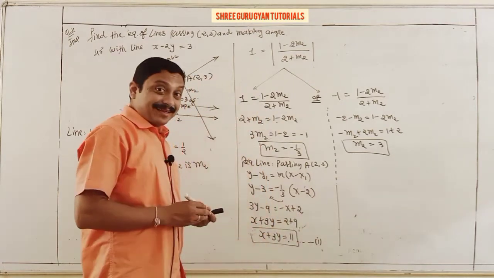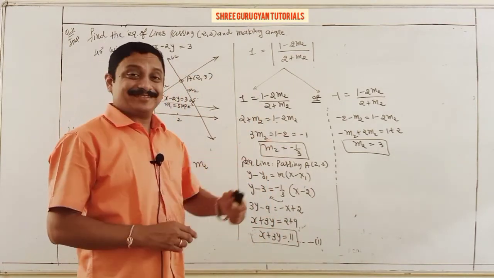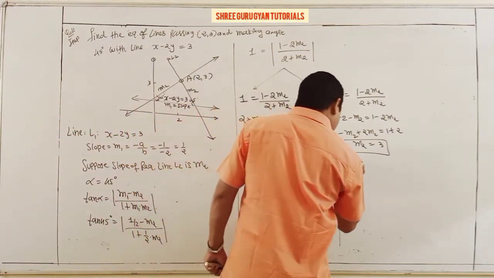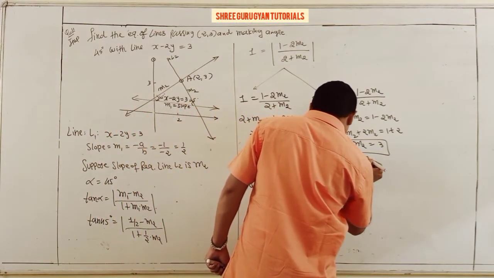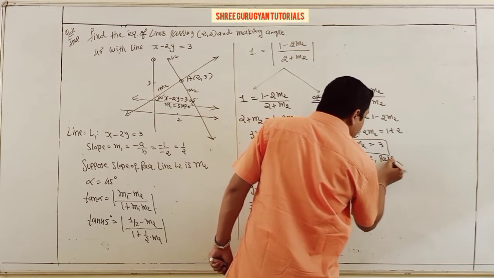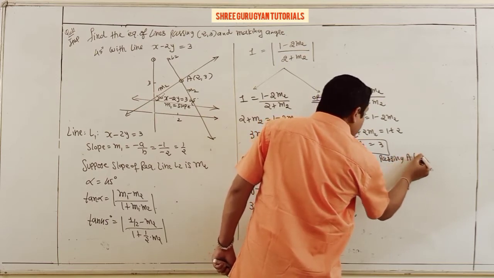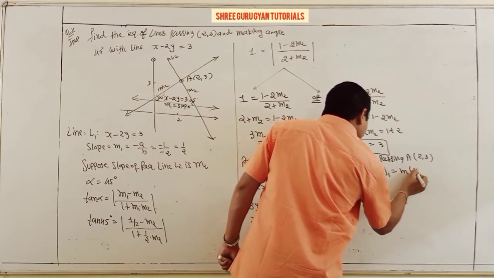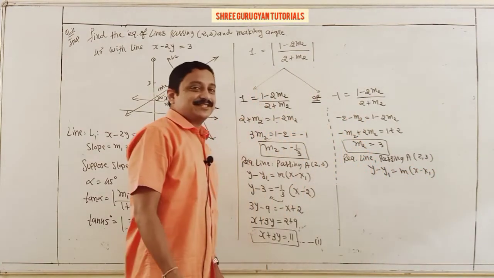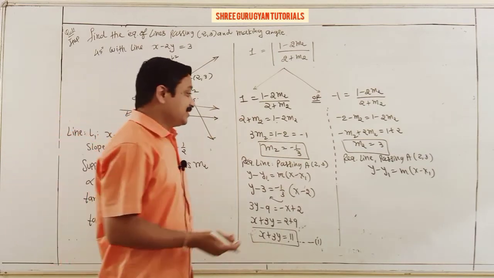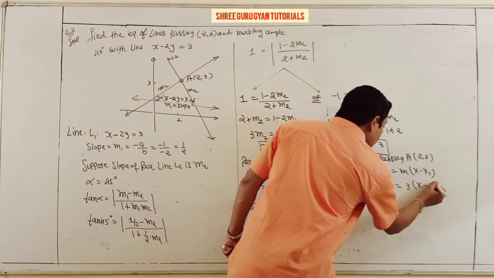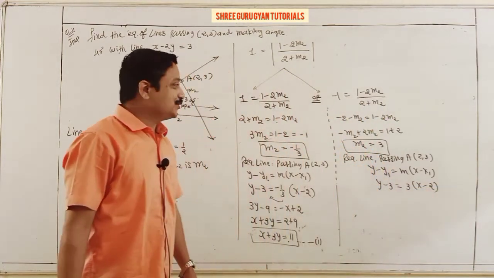And similarly you can do it by the other slope, now 3. So the required line is again passing through (2, 3). So y minus y1 equals m times x minus x1, the slope point equation. y1 I have 3, slope also 3, and x1 is 2.